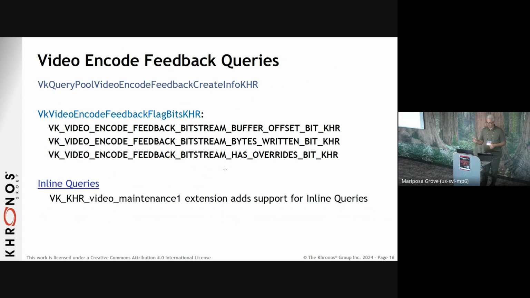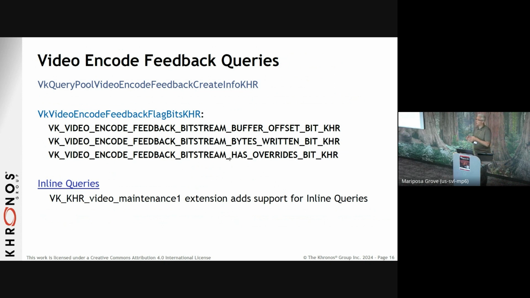And pretty much when you look at the encode feedback queries, the encode feedback query is one of the queries that Vulkan supports. You're going to have a bit which gets set which says overrides, which means when you encode the specific frame, you get the bit from the query and you see, okay, so there's an override.